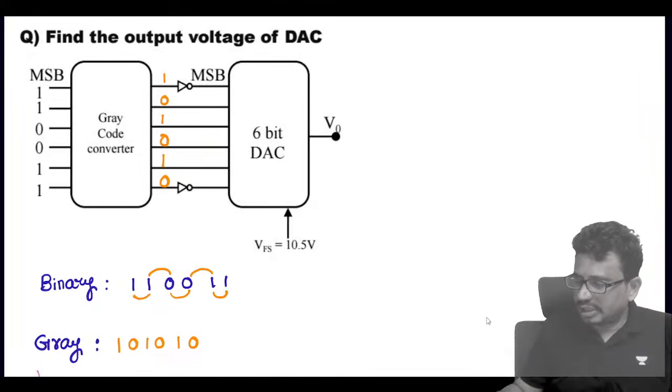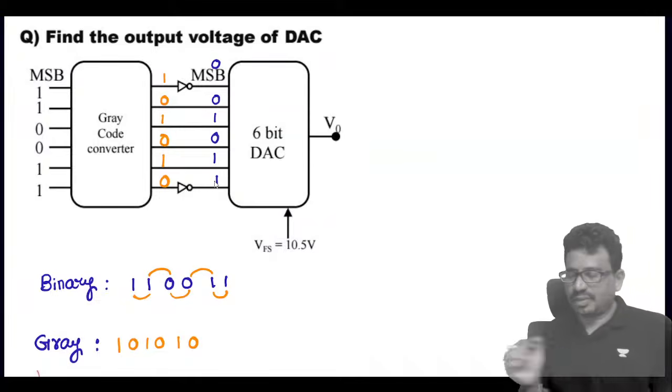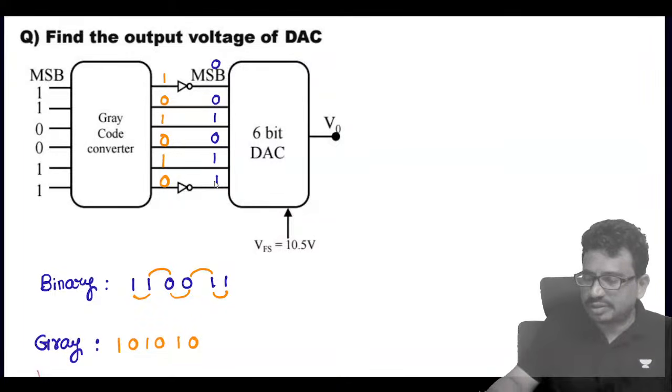Now they connected a NOT gate. So that's why this value is 0 0 1 0 1 1. Now for this we should get the output voltage V0.